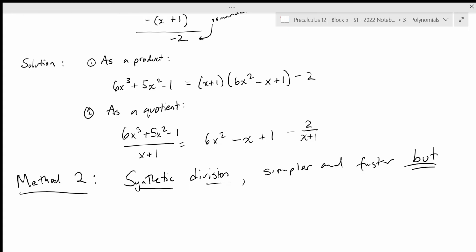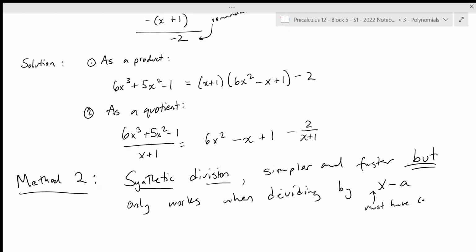It only works when dividing by x minus a. So the coefficient of x must be 1. So you can only do it with a coefficient of 1. There is a way to get around that, which we'll show you with the next example.